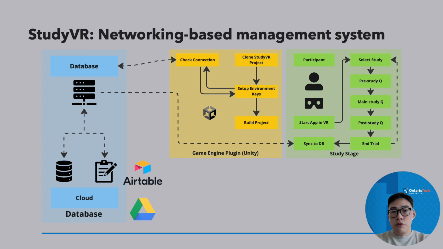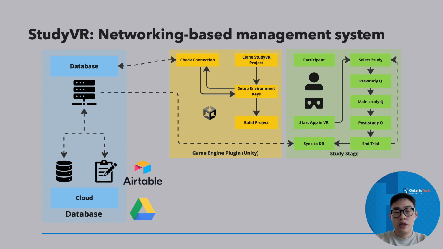So, starting from the networking-based database, our system first builds up the connection with the online database. And here, we chose to use Airtable and Google Drive as our database and cloud storage, just because they have well-structured APIs. The researchers would only need to interact with the web interface and just provide the system with the API keys.